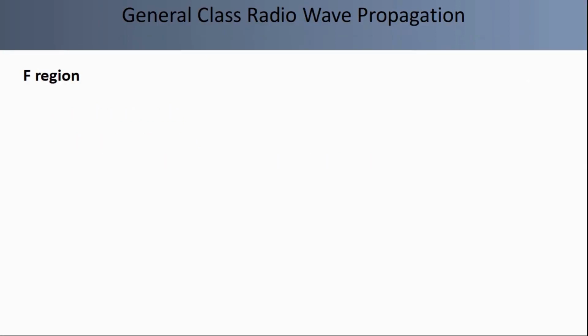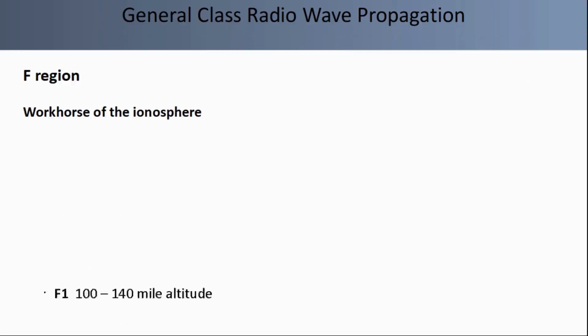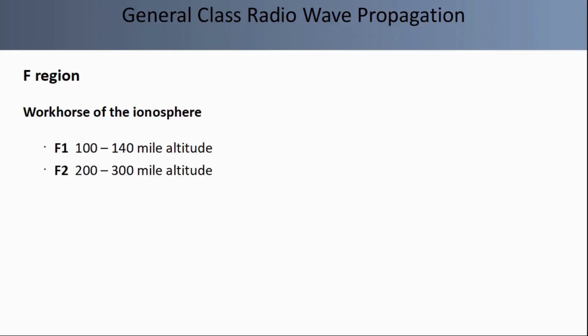Okay, up to the top we go. The F region. That is the workhorse of the ionosphere, in my opinion. And it's also the furthest from the Earth's surface. As I mentioned, the F1 is 100 to 140, F2, 200 to 300 miles above the Earth's surface. And at night, they combine into a single layer.